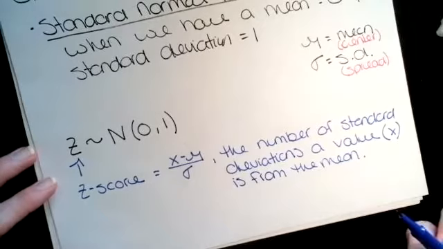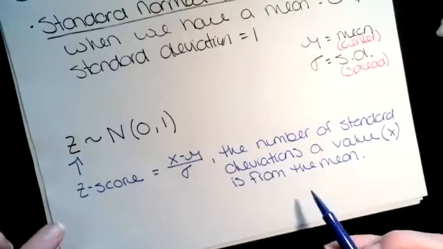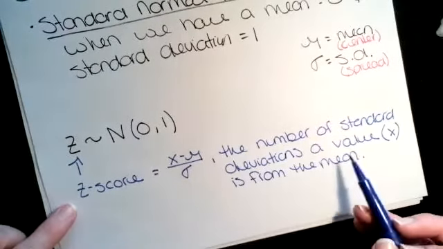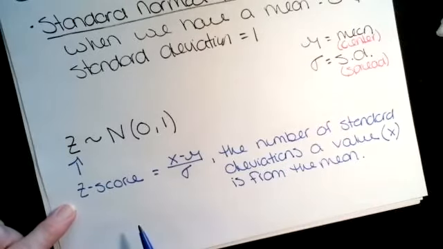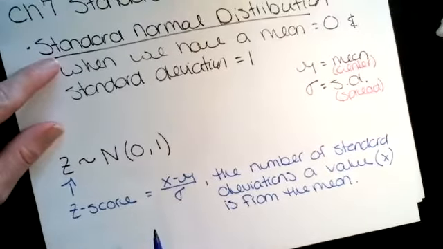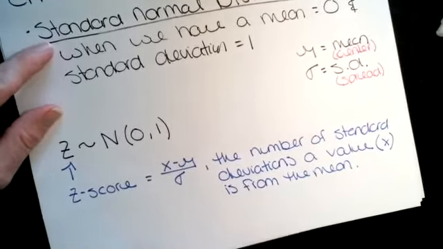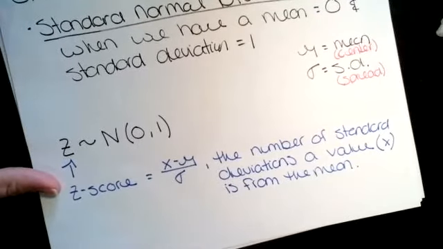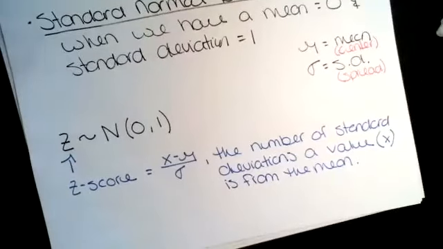If it was positive, it was above. Negative meant it was below the mean. And that's from chapter 3. So this is going to tie in here in chapter 7. So what this does is this standardizes it. It's just in the name here, this standard. So if we think back to the example from last class, and we looked at the height of all the students, think about maybe it's not fair to compare the height of females to the height of males.